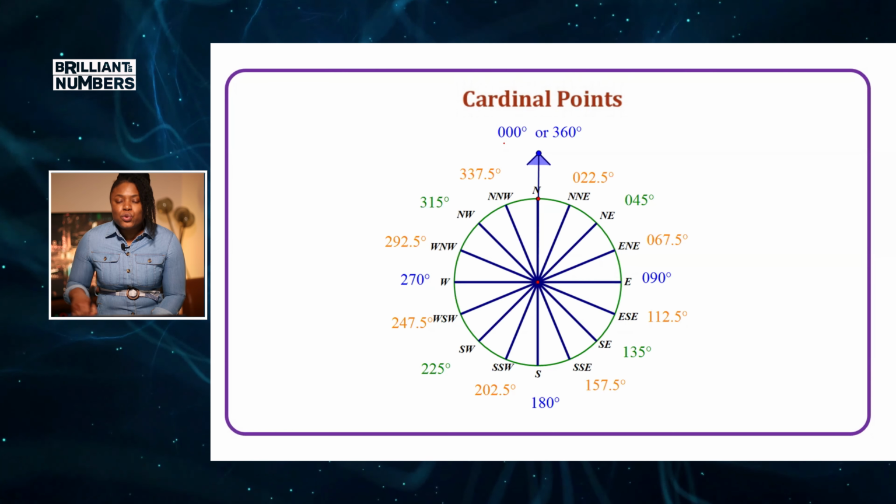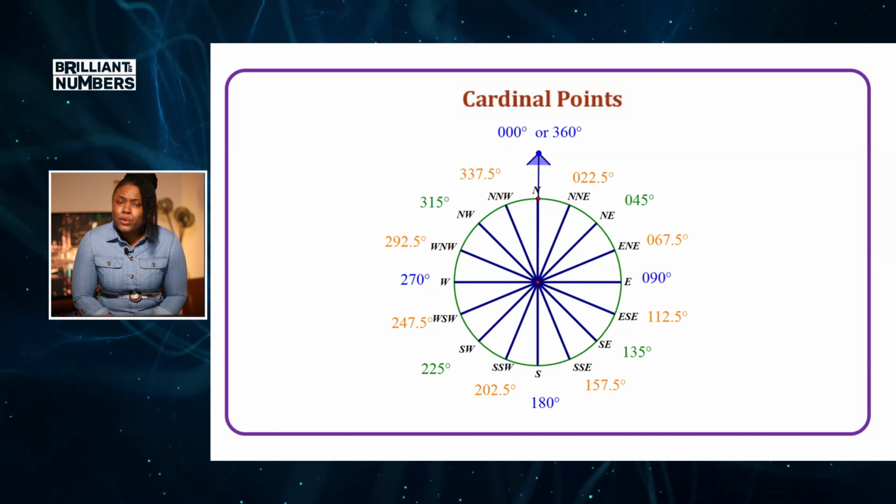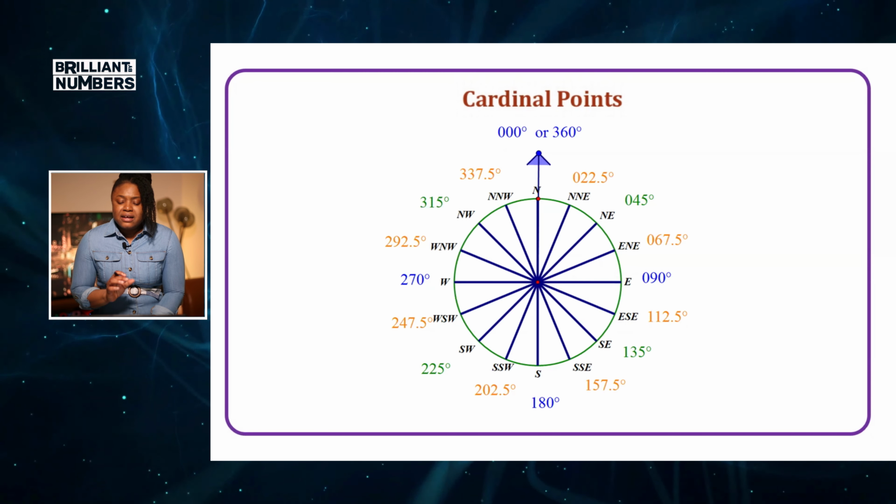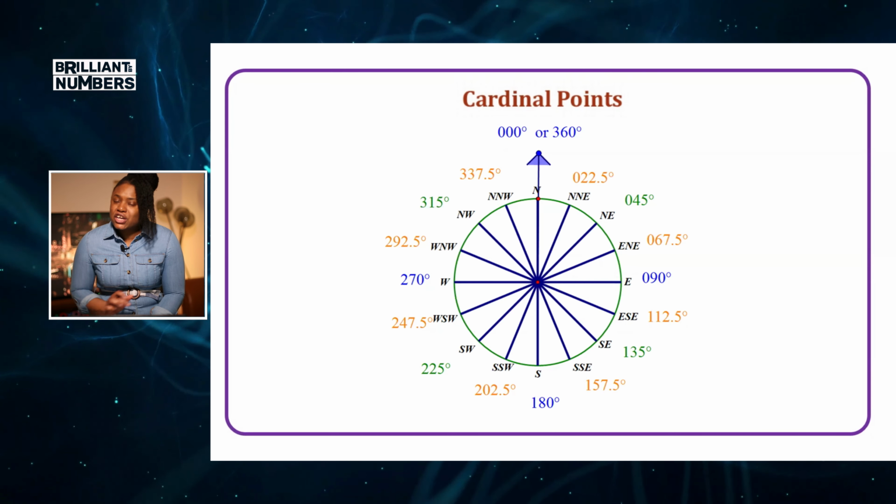Now, if I go all the way around, and we've done angles around a point, we also know that the angles within a circle add to 360 degrees. So therefore, if we complete one revolution, we have completed 360 degrees. But on our way, there will be smaller degrees, of course. So I'm just going to make reference to the main ones, because usually when we're asked to sketch a bearing, we focus on the main ones, which are east, south, west, and also the north, which is our reference point.